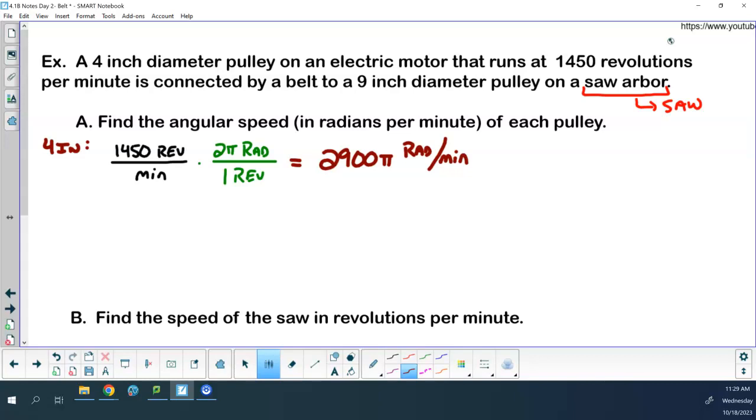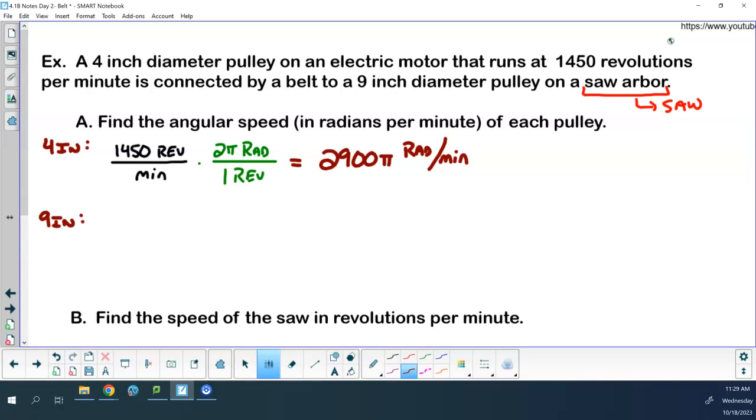I'm guessing you got that one, right? Okay. That's my 4-inch pulley. Now we have to figure out the angular speed of the 9-inch pulley.